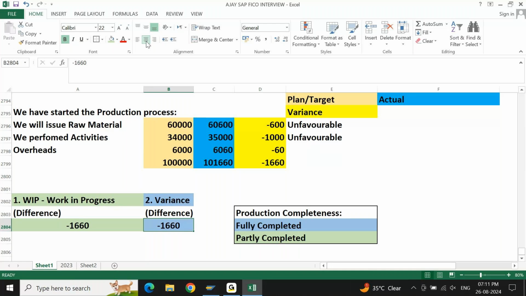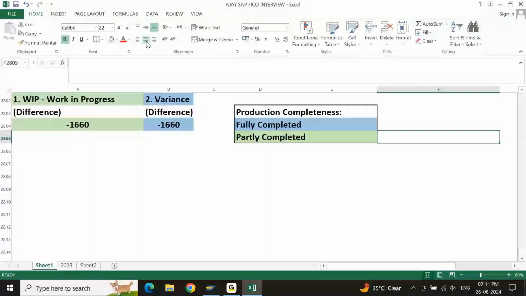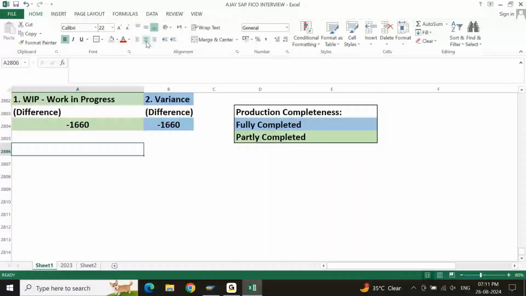Okay, work in progress, what is going to happen? You are going to tell what is the actual percentage of the work that you have completed at the end of this month. Now, these points are clear so far?